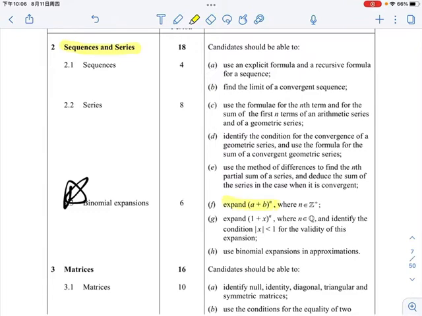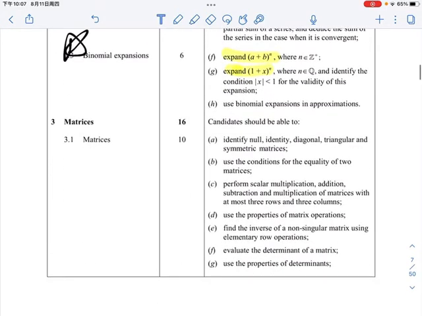This may be new to you, so I will focus on this topic and share more videos teaching binomial expansions, because you have to remember the formulas and know how to apply them to different questions.